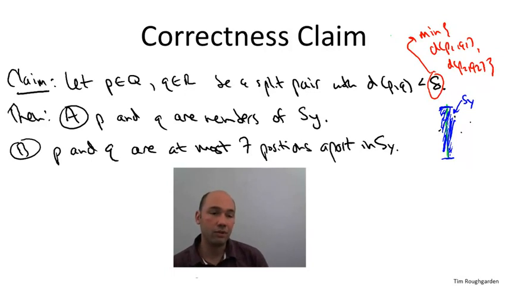There's two claims. First of all, p and q, both members of the split pair, survive the filtering step. They make it into the sorted list S sub y. And second of all, they will be considered by that double for loop, in the sense that the positions of p and q in this array S sub y differ by at most 7. So that's the story so far. Let's move on to the proof.